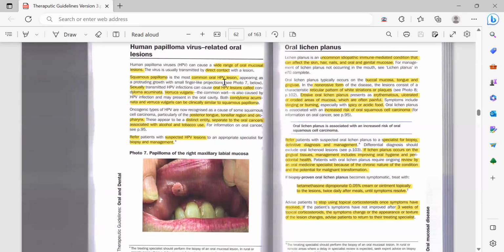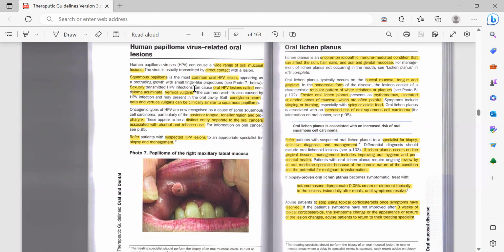So there are certain types of lesions that the HPV virus can cause, and squamous papilloma is one of these, and that is most common, appearing as a protruding growth with a small finger-like projection, just like this one. This is the classical presentation of squamous papilloma caused by HPV virus.